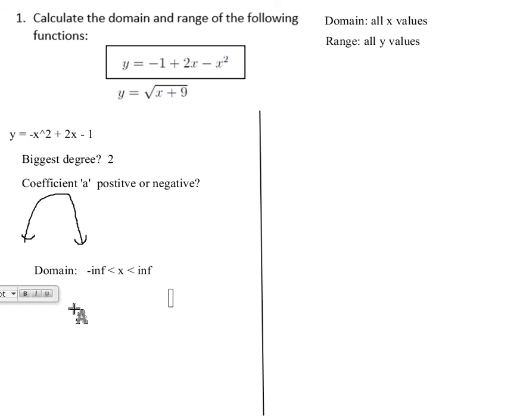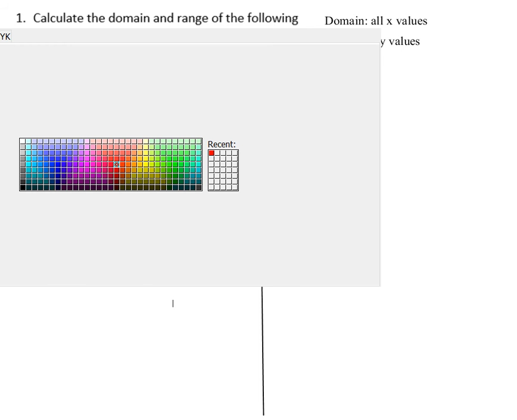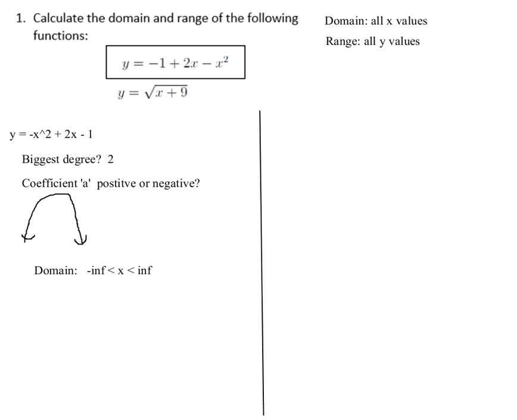Now the issue is the range. Would you agree that our polynomial's range comes from negative infinity up, but it does not go beyond that point? It doesn't matter what x value you plug in, you're never going to get a y value up here, or here, or here.